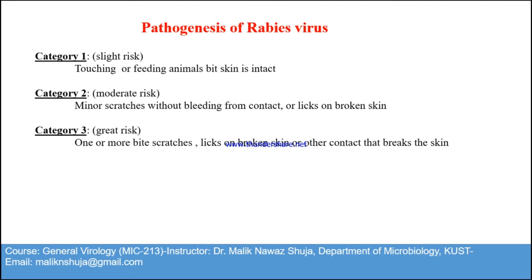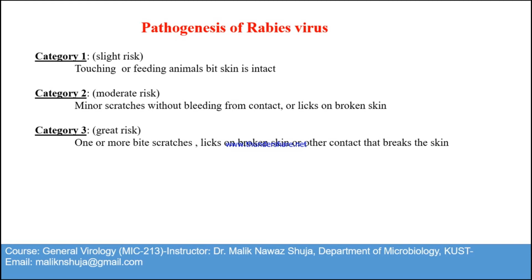If we are talking about the pathogens of rabies virus, it can be easily categorized or grouped into three different categories: slight risk, moderate risk, and great risk or higher risk. So in the first category, touching or feeding animals where the bite skin is in contact.